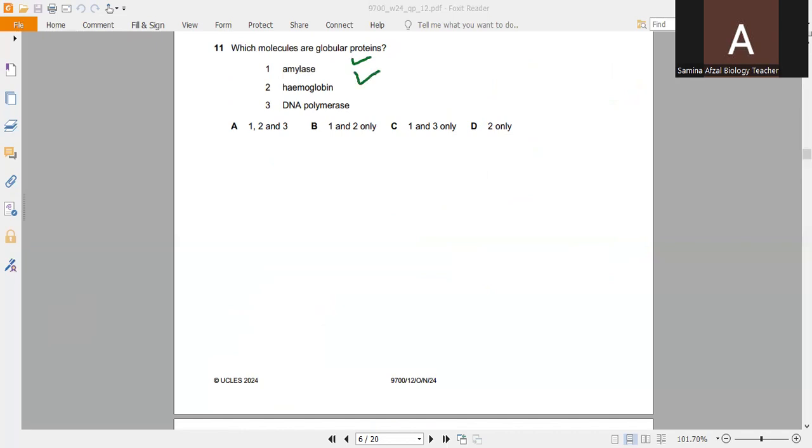It is also a globular protein. DNA polymerase is an enzyme for the synthesis of DNA. It is also a globular protein. So according to this, these three are globular proteins. A is the correct option.